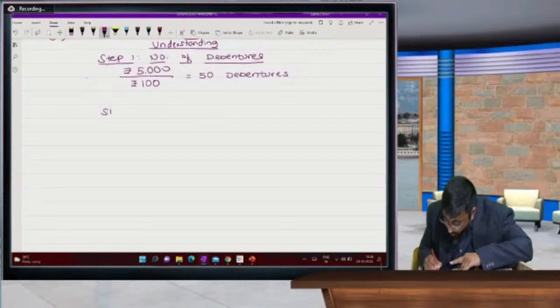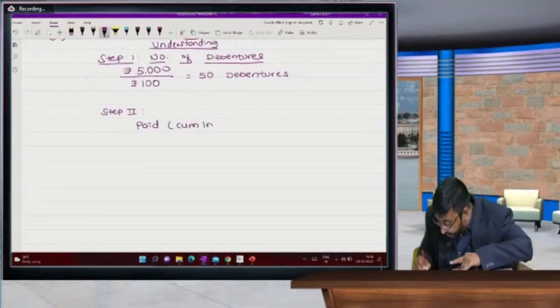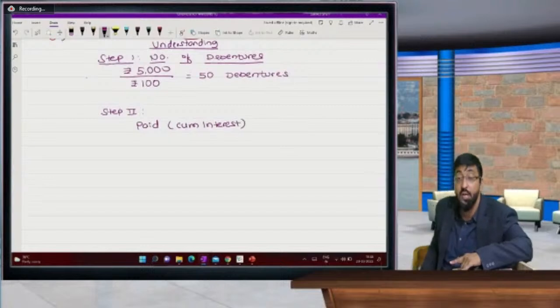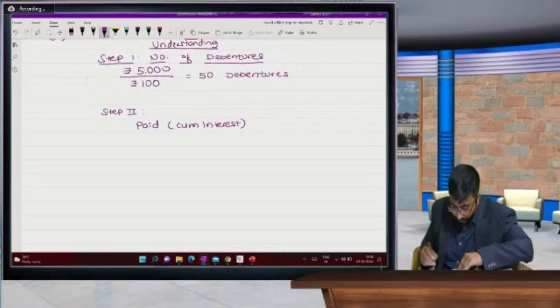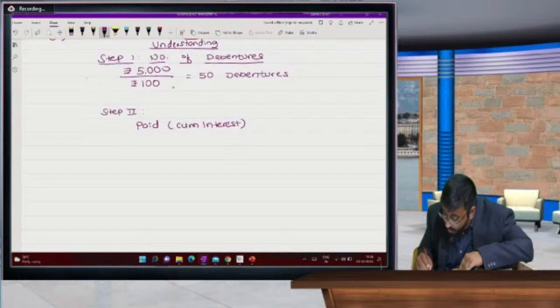Step 2. Paid means including cum interest. You paid including cum interest, including interest. So, cum interest means what? Beta, this is including interest.